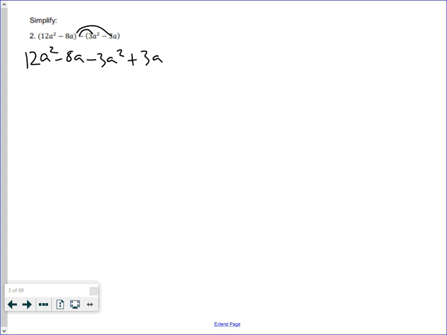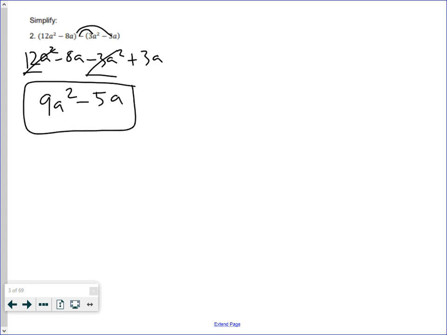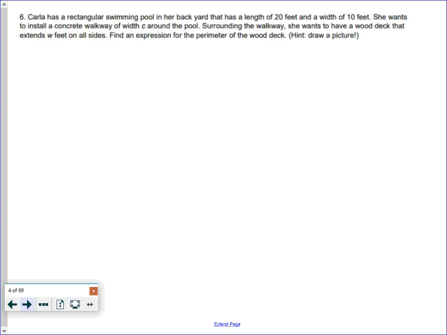Now we can just add like terms. 12a squared minus 3a squared, that's 9a squared. Negative 8a plus 3a, we can combine those to give us negative 5a. And that's our answer.